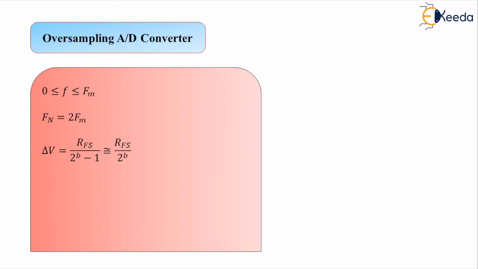B is the number of bits here, and the equivalent representation for this step can be the ratio capital R suffix Fs divided by 2 to the power B.